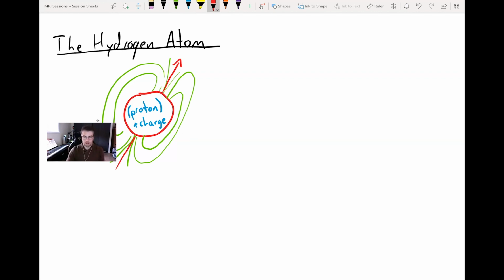But the other important properties of the hydrogen atom: it's got that positive charge, it's constantly moving, which is generating a magnetic field, and it has this property that's an intrinsic property of any particle, like a proton, called nuclear spin. So I'll just write that down here. Nuclear spin. This is just a property of a particle, like I said.